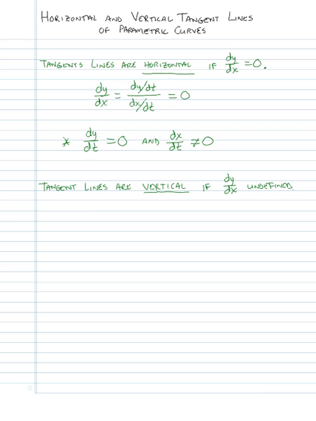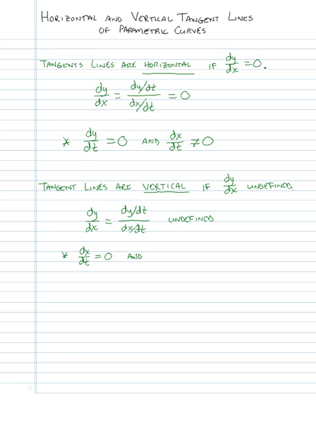Well, it's the same kind of argument that we just had. The derivative of y with respect to x, being the derivative of y with respect to t divided by the derivative of x with respect to t, it would be this calculation that had to be undefined. The way that will be undefined is if the denominator is 0, okay? So that means the derivative of x with respect to t would have to be equal to 0.